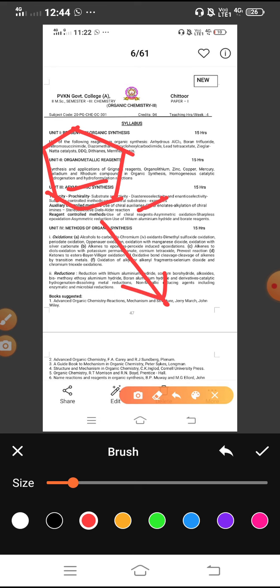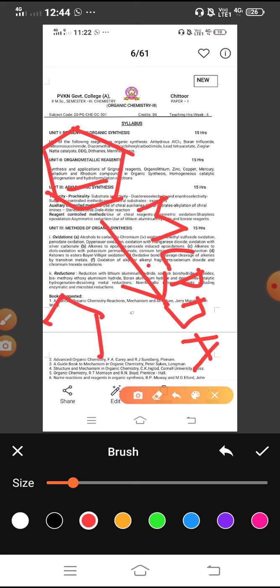MCPBA. What is MCPBA? Metachloroperbenzoic acid. So the product is the epoxide.